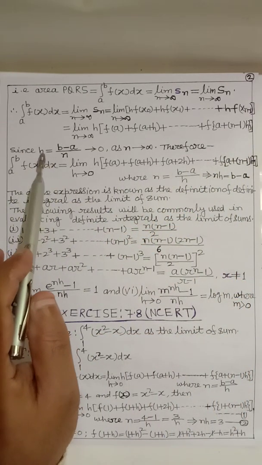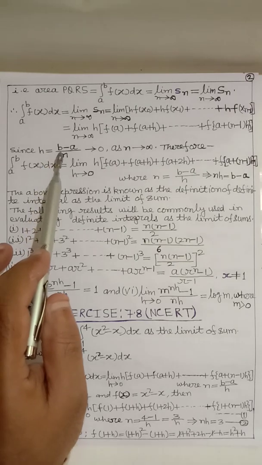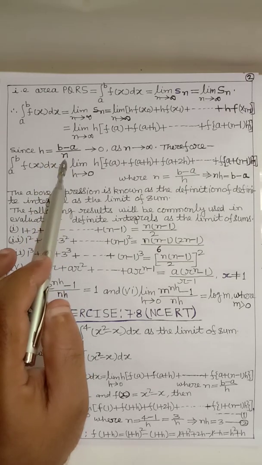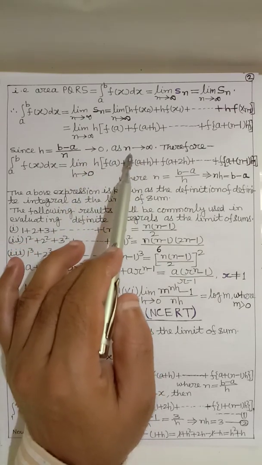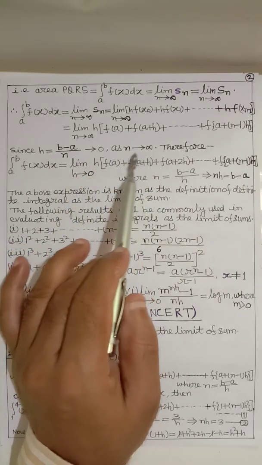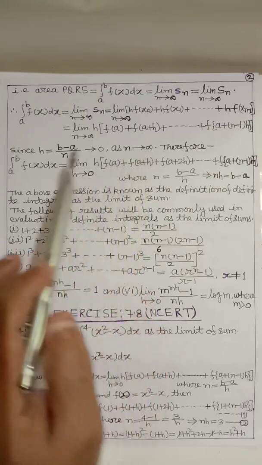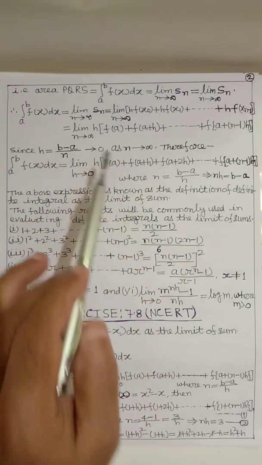Since h is equal to the width, that is b minus a by n, and this tends to 0 as n tends to infinity. Means if n tends to infinity, in that case h tends to 0.